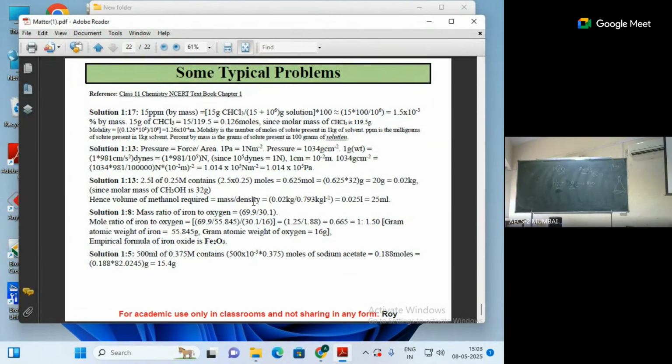I have said molarity. Molarity and molar are different. Molar is the number of moles divided by volume, so you just take molar.